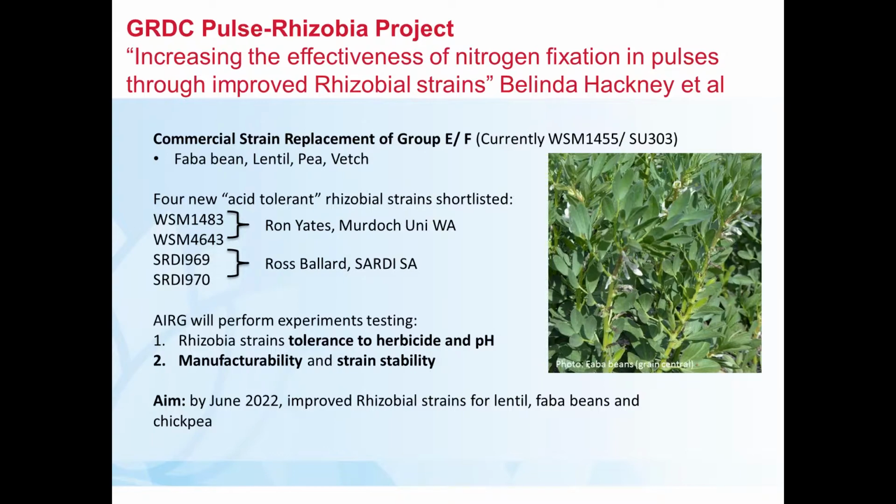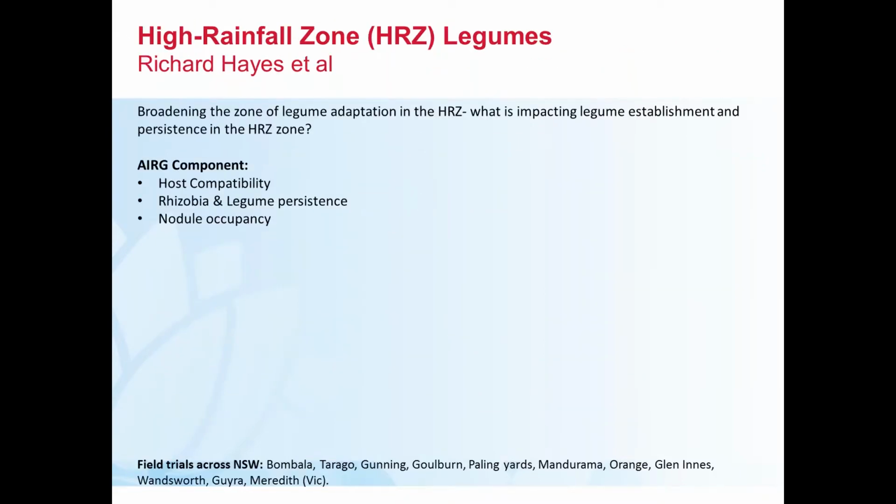So another project that we've got going on is the High Rainfall Legumes project. Basically this project is about broadening the zone of adaptation of legumes in the high rainfall zone by better soil management. The whole aim is to address total feed base problems and also feed gap problems using legumes.